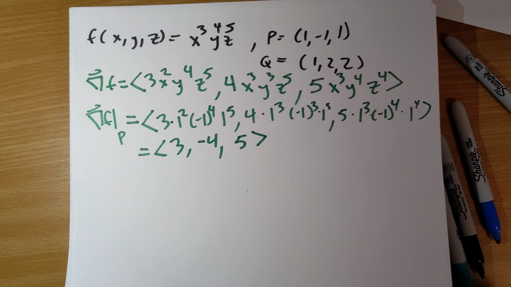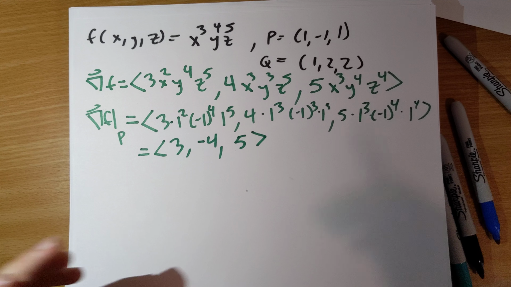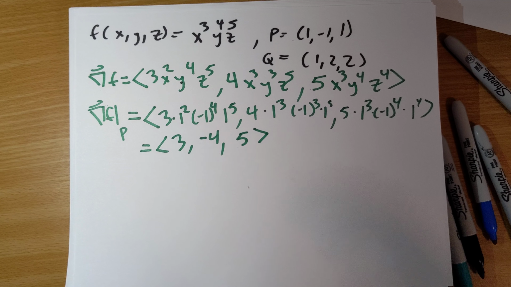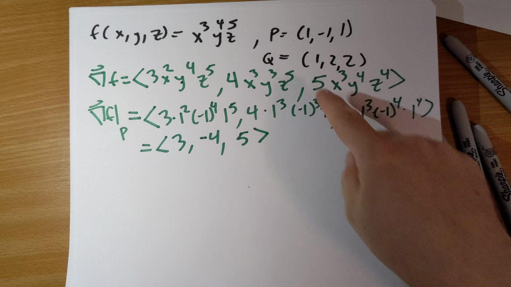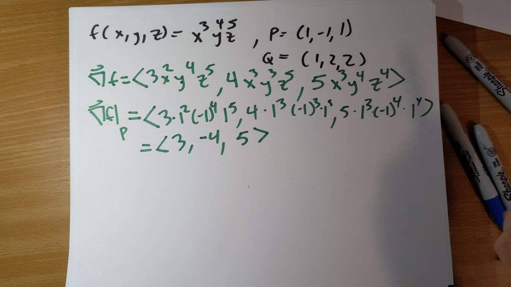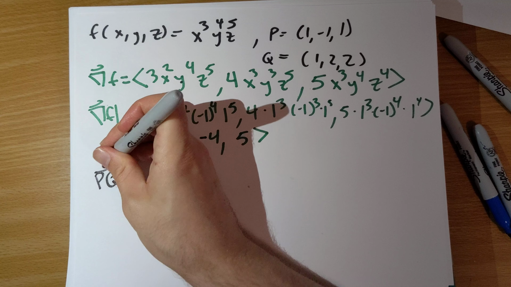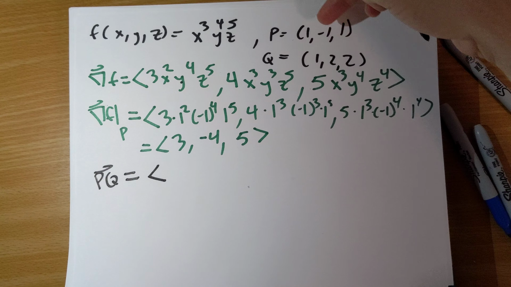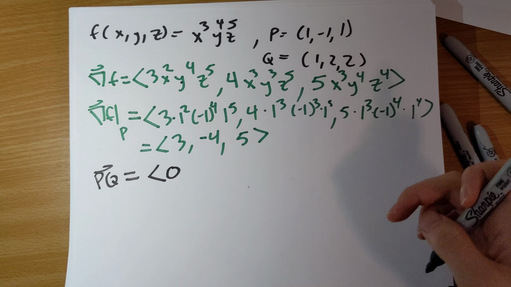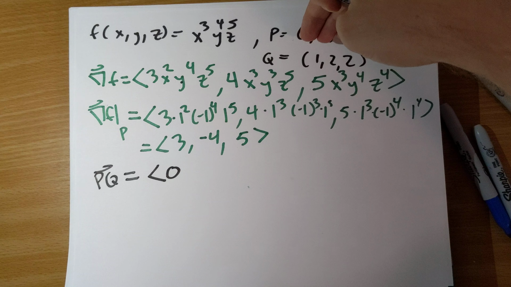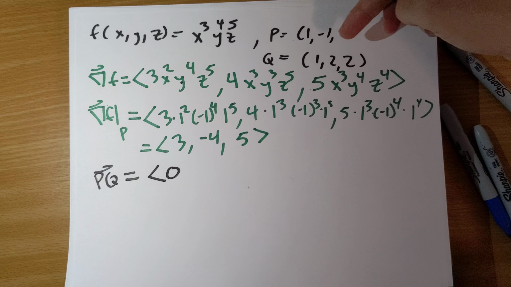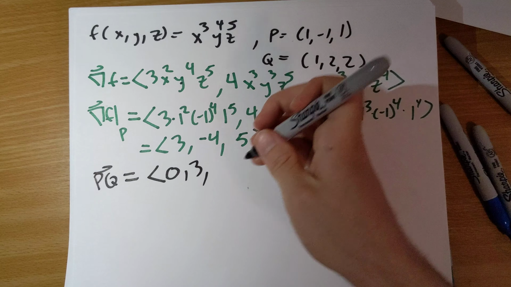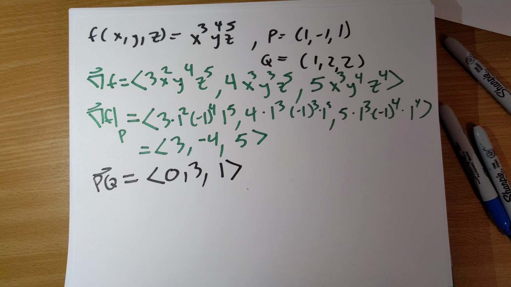Okay, so the first thing that we need is the gradient at the point P. The second thing is that we need the direction vector. So this is going from P towards Q. We need a vector from P towards Q, and let's see here. The first component will be 0. I'm doing the entries of Q minus entries of P. And the second one, 2 minus negative 1 will be 3. 2 minus 1 will be 1.